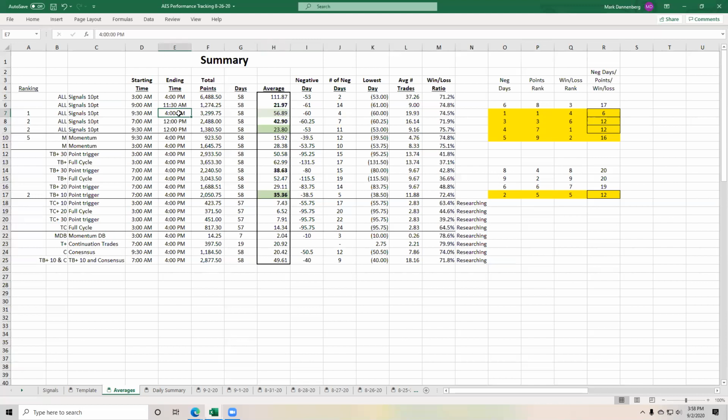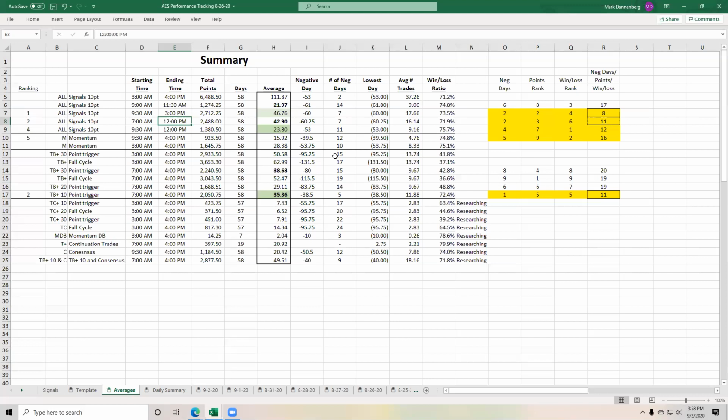The way we've built this, and kudos to Aaron Rumley for building this for all of us, is we can take a look at a variety of start times and finish times. So if I change this to, say, I want to trade 9:30 to 3, it still is the number one ranked category overall when ranked against everything else.